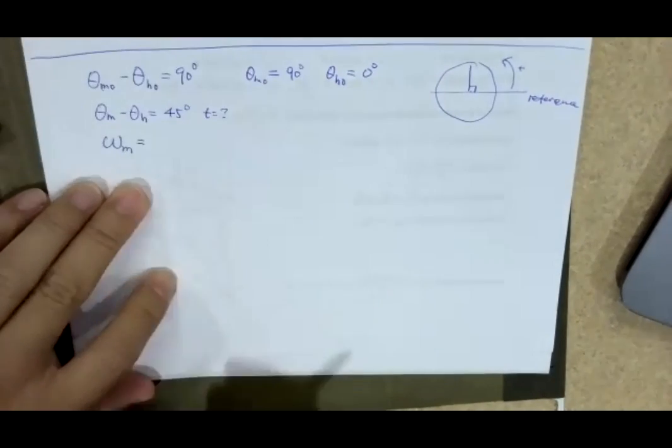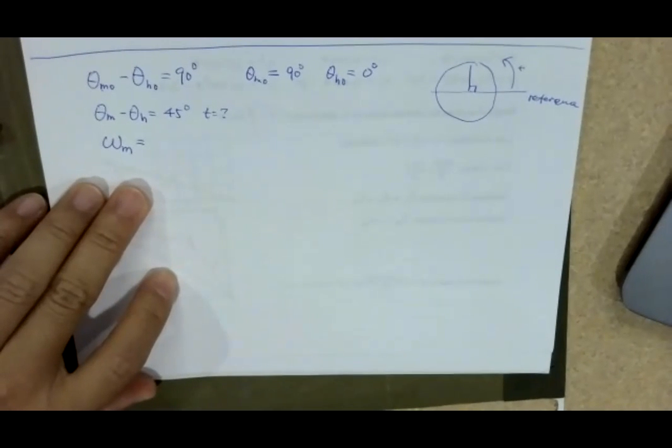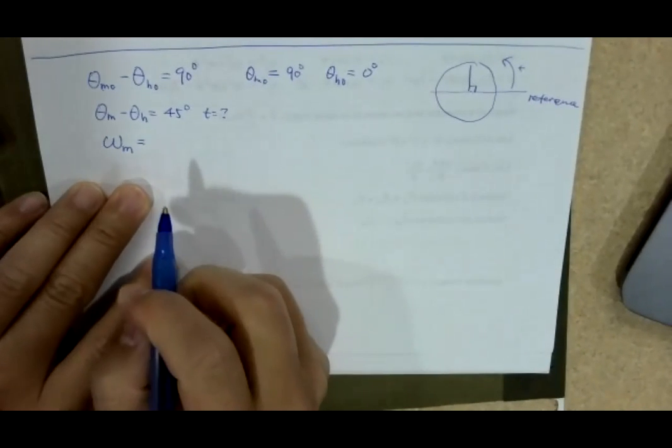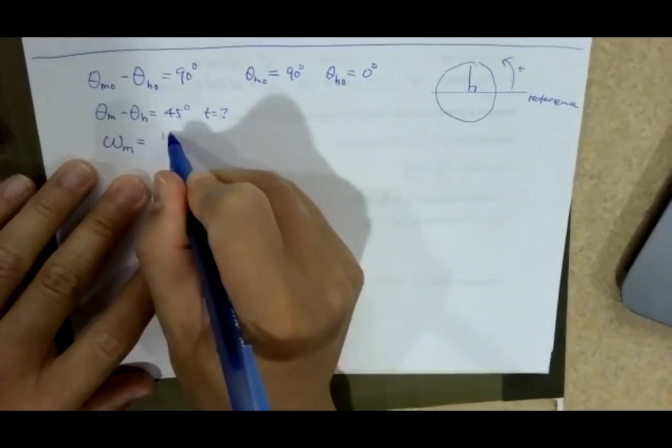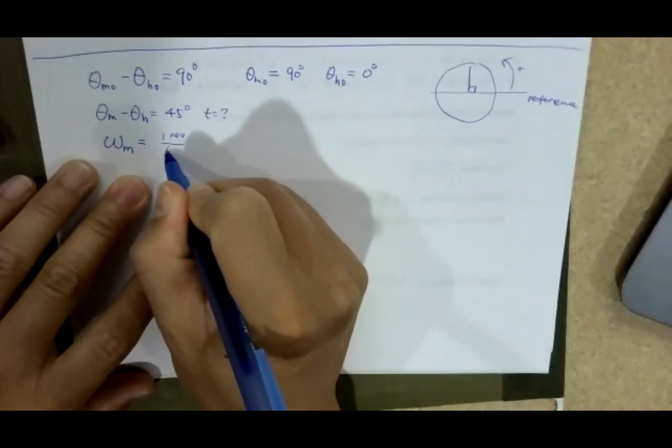For the minute arm, if it goes one full revolution, then the time it takes is 60 minutes, right? So omega of m is equal to one revolution divided by 60 minutes.